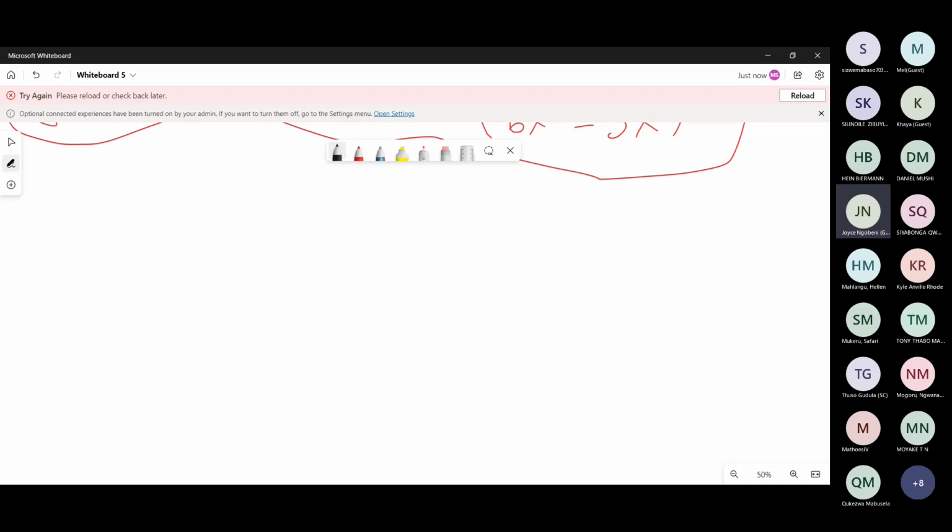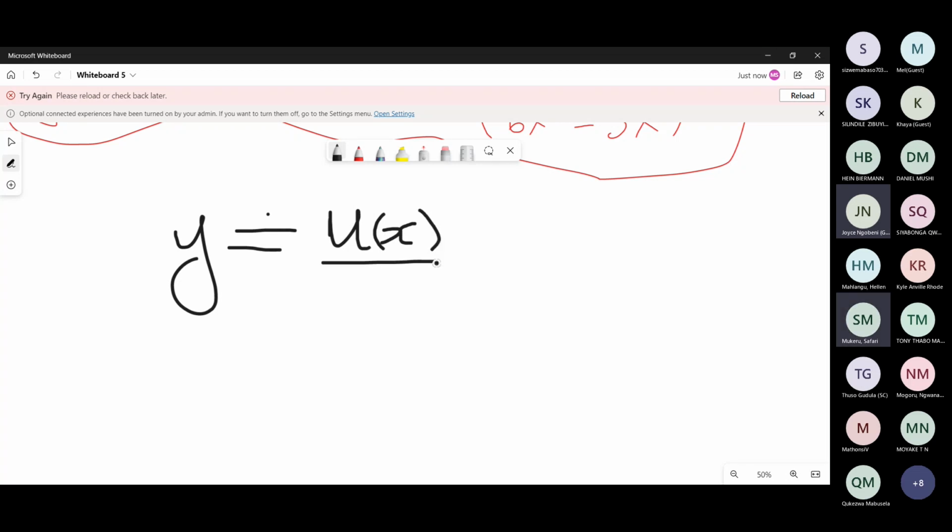Okay. The last rule that we need to discuss here is the quotient rule. A function y is given as a fraction, u of x divided by v of x. Again, which formula comes into your mind to compute this derivative?